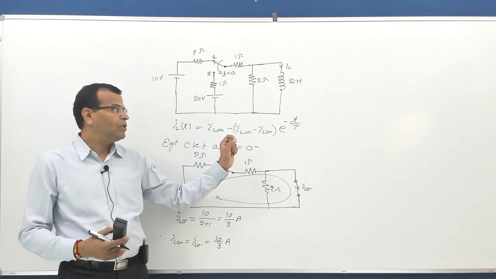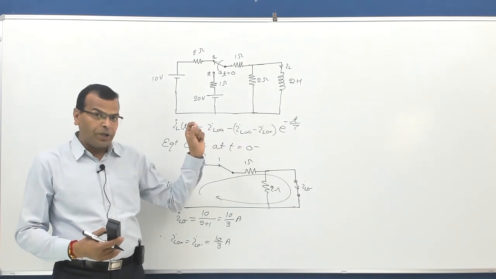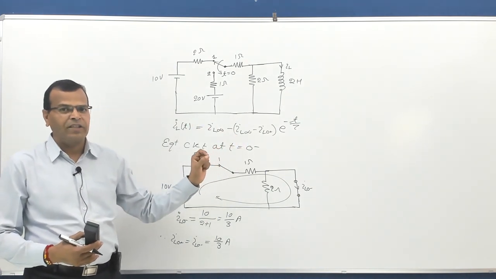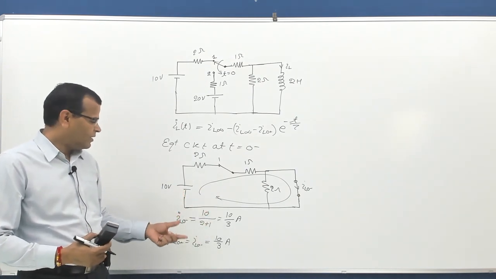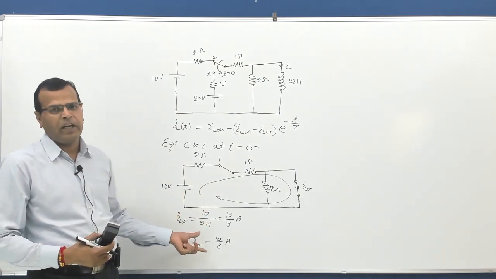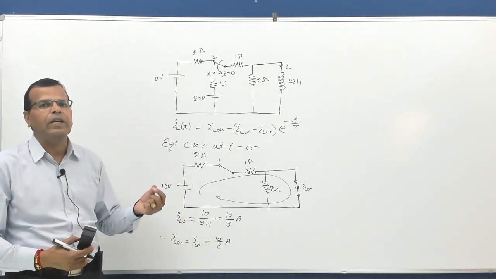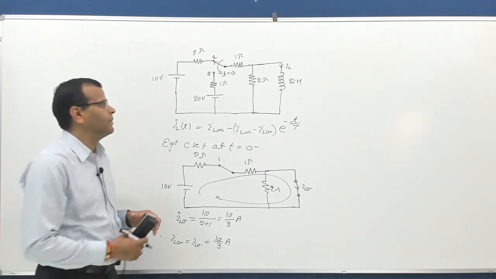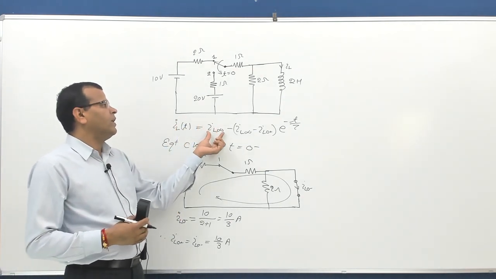I am repeating the procedure. Draw the equivalent circuit for t equal to 0 minus, replace the inductor by a short circuit, and calculate IL 0 minus, and of course then IL 0 plus is the same as IL 0 minus, because the current through the inductor cannot change instantaneously. Now, I have to calculate IL infinity.